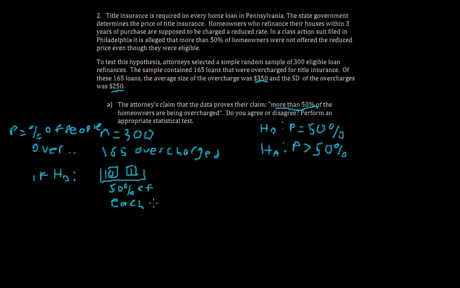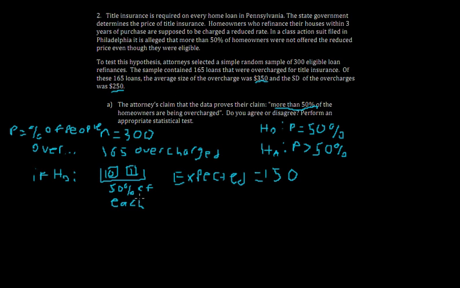So what does that tell us? That tells us that the expected number of people out of 300 who will be overcharged is 150. Because that's how many we expect to be overcharged if this is true.